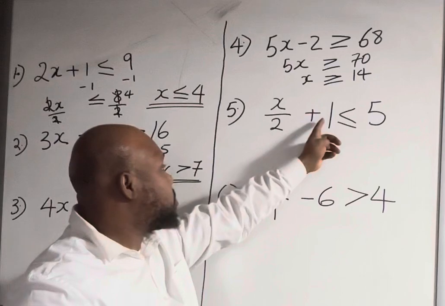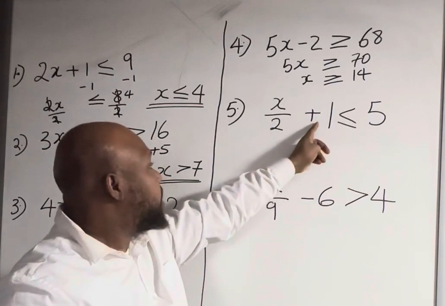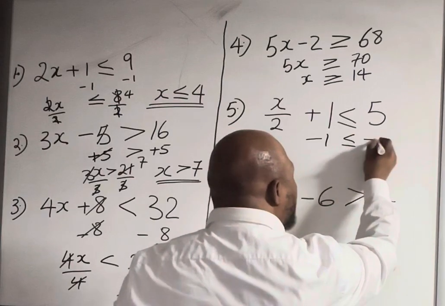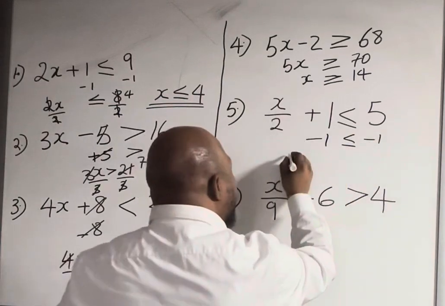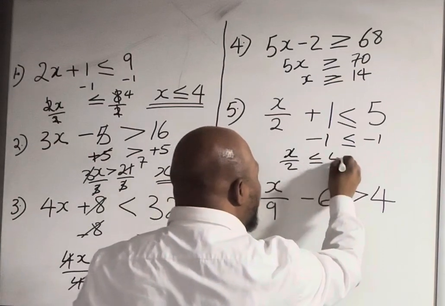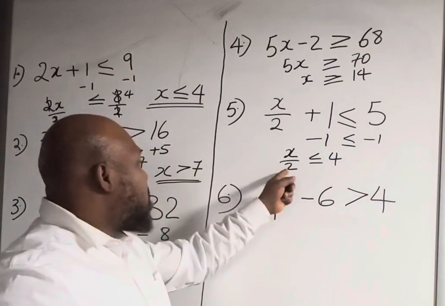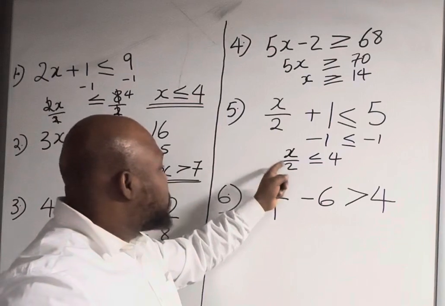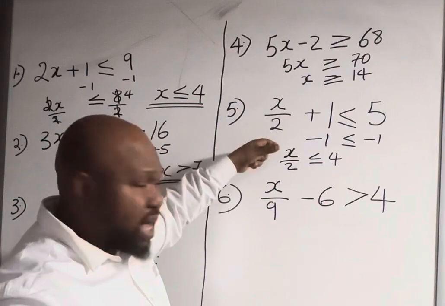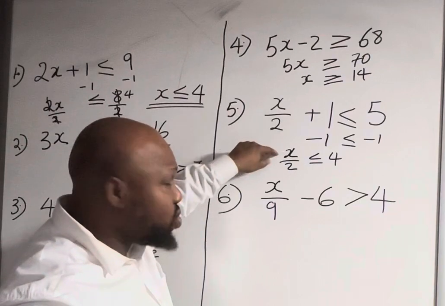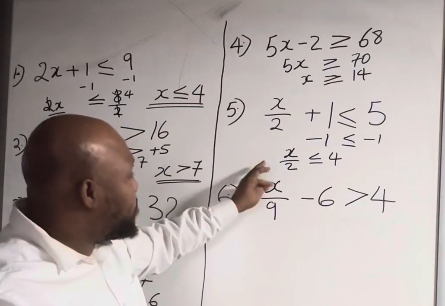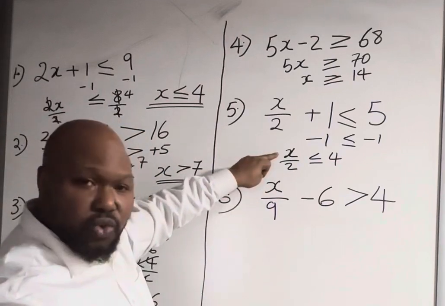So we minus 1 from both sides, and we have x over 2 is less than or equals to 4. Now, because x is being divided here, in order that we have only x here, we will do an operation so that we have only x. If we multiply the left hand side by 2, this will give us only x.